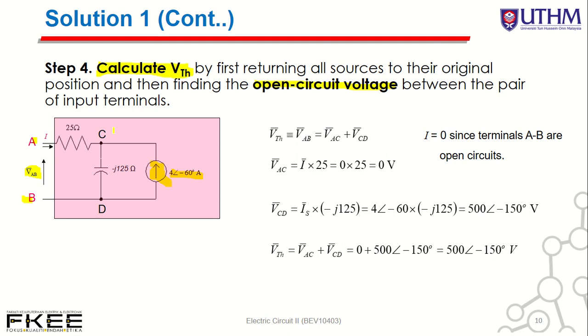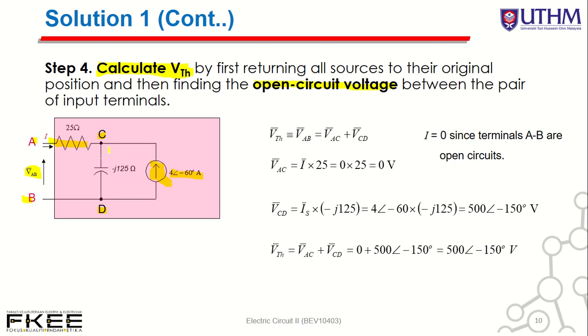By analyzing this circuit, you can determine the voltage across here. Since here is open circuit, VAB equal to VAC plus VCD. In this case VAC equal to 0, because there is no current here. According to this circuit, I equal to 0, so VAB equal to VCD. So how to determine VCD?